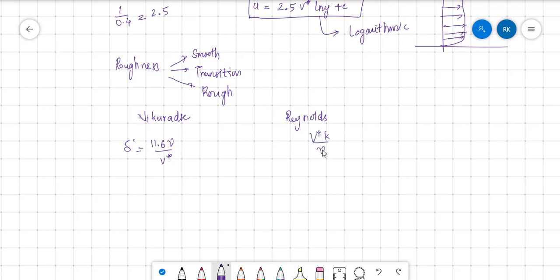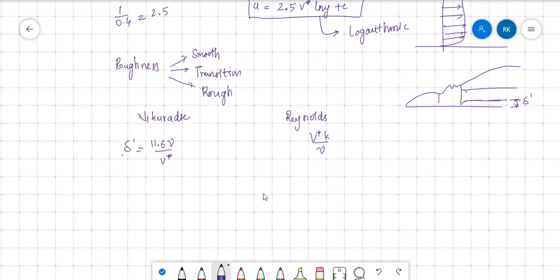So there are two notations given by Nikuradse and Reynolds. So what is this delta dash? We have seen that. So this is laminar and this is transition. This total is turbulent and there is a laminar sublayer. This thickness of laminar sublayer is called delta dash.